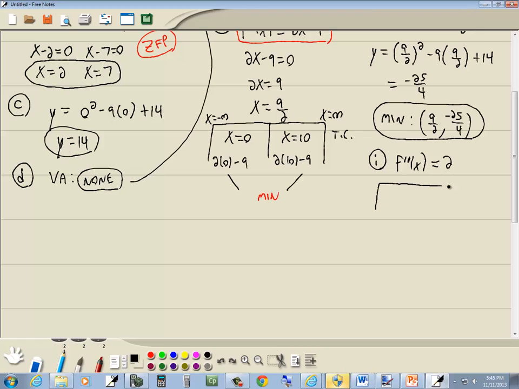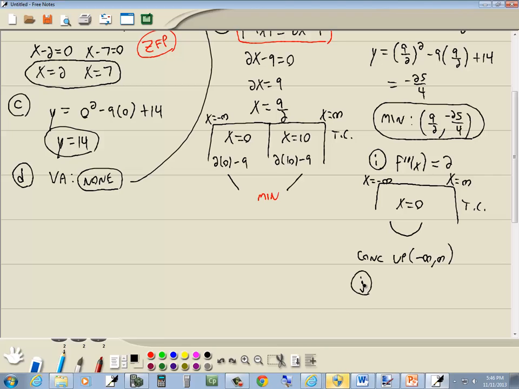So our interval is from negative infinity to positive infinity. I want to choose a test case in there, like x equals 0. And then we want to plug that into our second derivative. Well, here's our second derivative, 2. If I plug it into here, there's no x, so it's always 2. So it's always positive, which means it's concave up. So our graph is concave up from negative infinity to positive infinity.